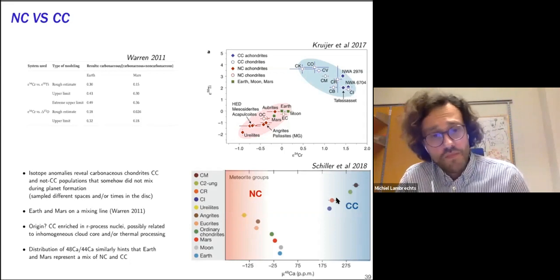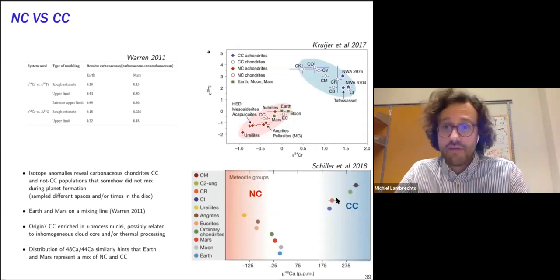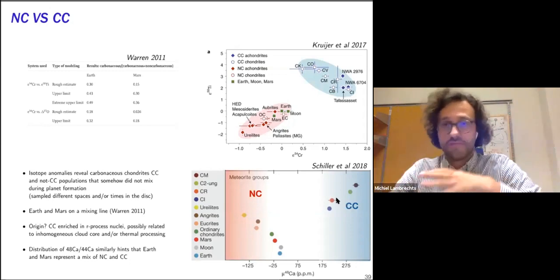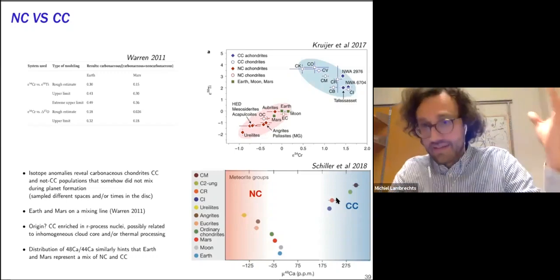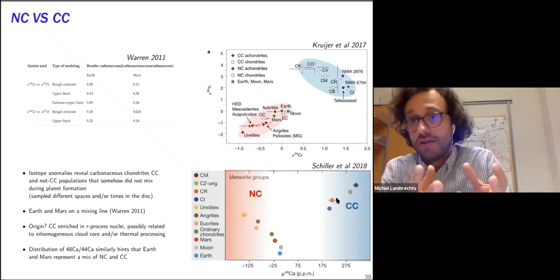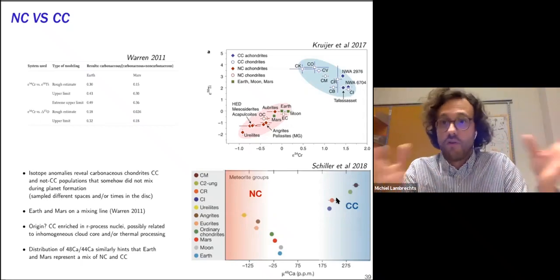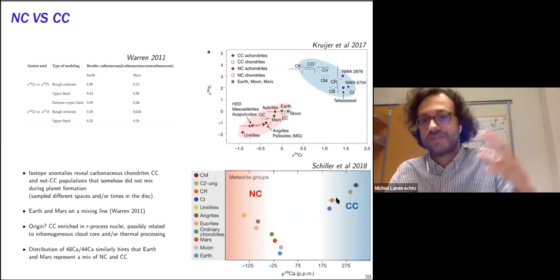I think there's also an option that is a form of thermal processing. For example, certain grains have a preference for certain types of isotopes, and when there's a very violent environment in the protoplanetary disk, maybe something happens to those dust particles that get close to the star initially, and those become NC and are not CC anymore.